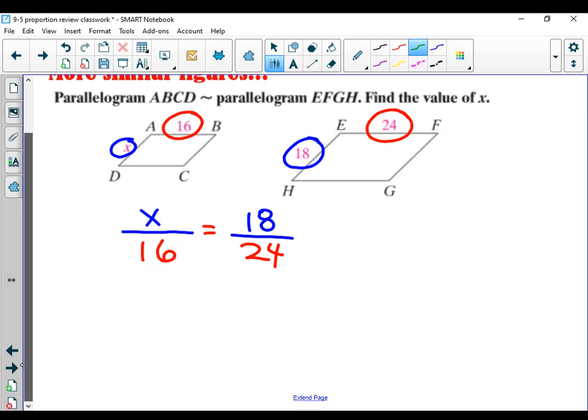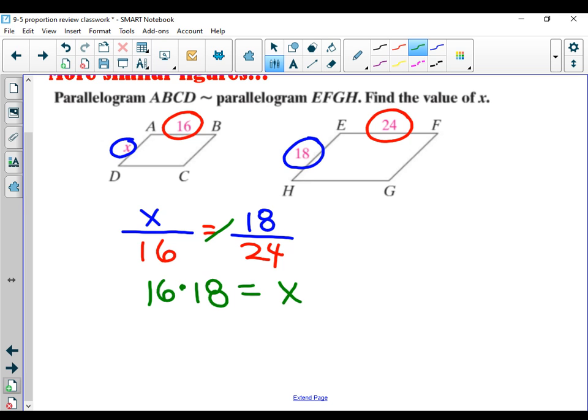So what would I multiply in cross product? 16 times 8. Good. Now that I have it set up, if I want to reach for my calculator, I can. You always want to set it up first.